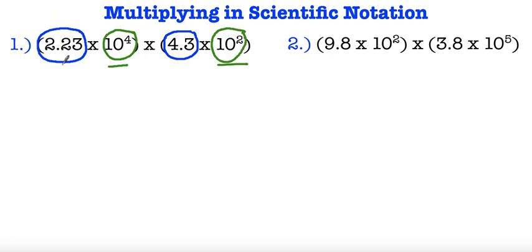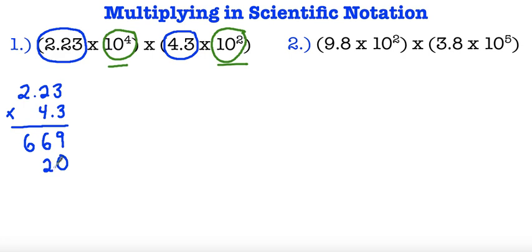So I'm going to multiply these first. 2 and 23 hundredths times 4 and 3 tenths. And remember that when we're multiplying with decimals, we don't need to line up the decimal. And I'm just going to multiply that. 3 times 3 is 9. 3 times 2 is 6. 3 times 2 is 6 again. I'm going to add a place value holder here. And then 4 times 3 is 12. Raise the 1. 4 times 2 is 8, plus 1 is 9.